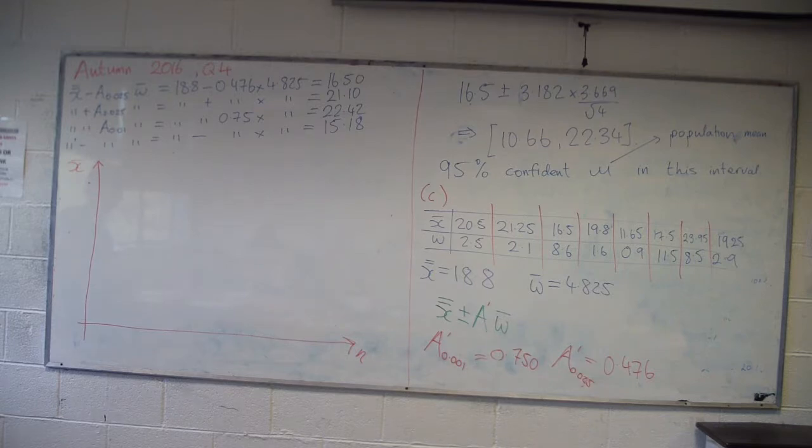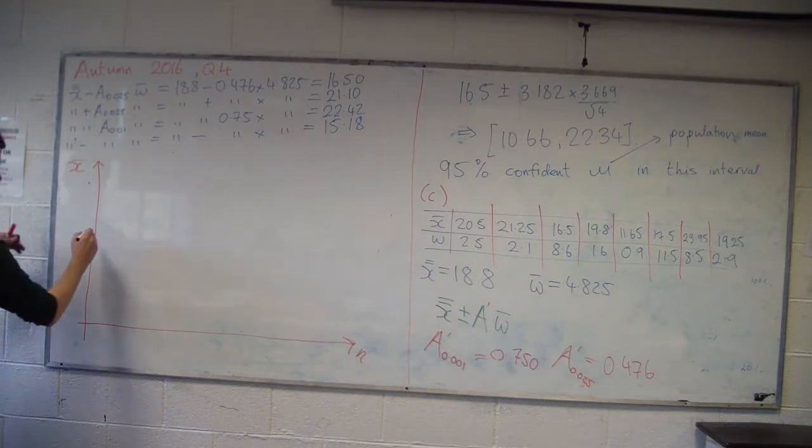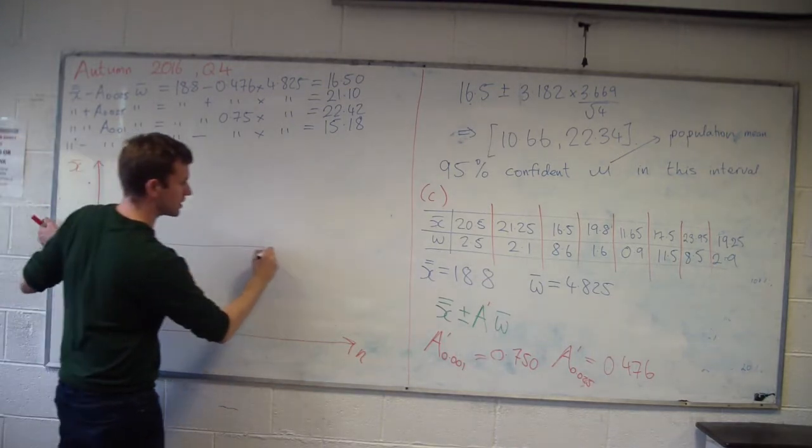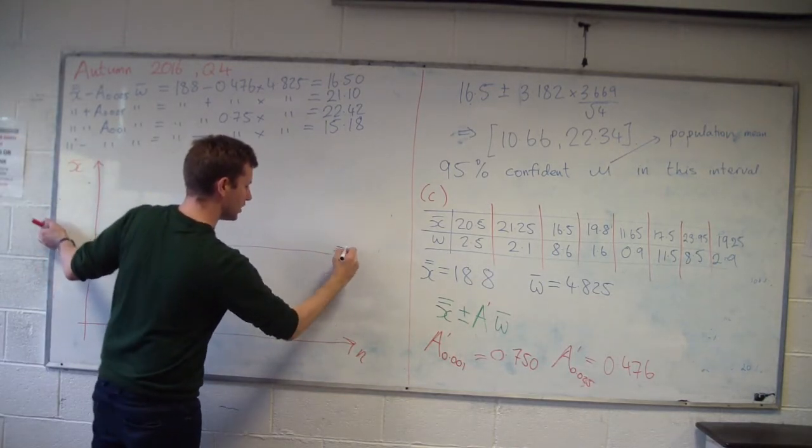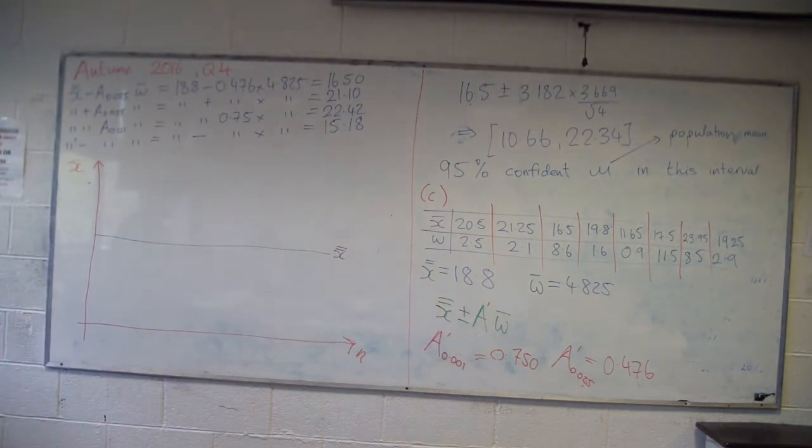That's your axis, sample mean against the sample number. This is what I'll be happy with: x bar bar, with the control limits symmetrically above and below.